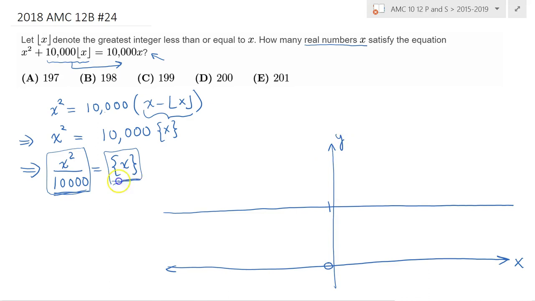Let me first draw the fractional part. 1, 2, 3, and so on. As you all remember, and maybe I need to go negative as well, so just give me a second here. There you go, minus 1, minus 2, minus 3 as well.